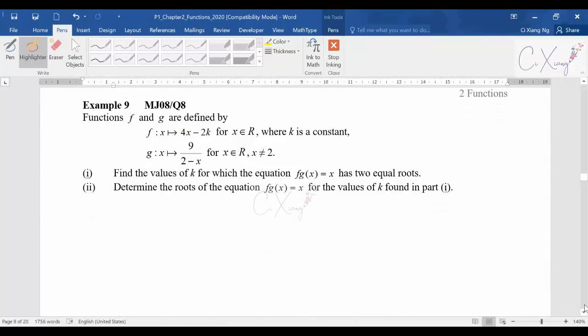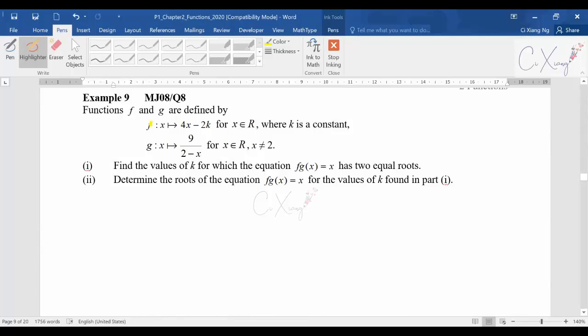Okay, so for example 9, what we have here is the function f and the function g. First they want you to find the value of k, where the equation fg(x) equals x has 2 equal roots. When you look at this, what is the keyword here? 2 equal roots. Last time we learned this phrase in chapter 1, right?